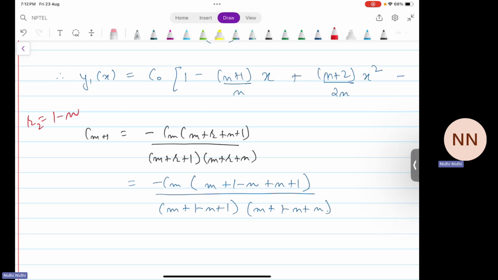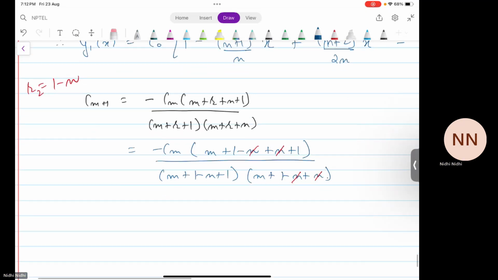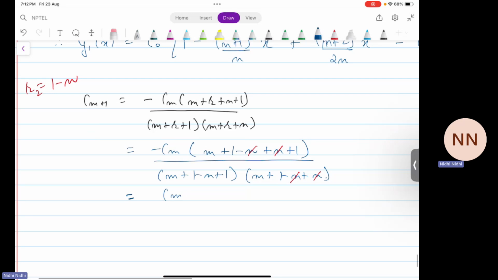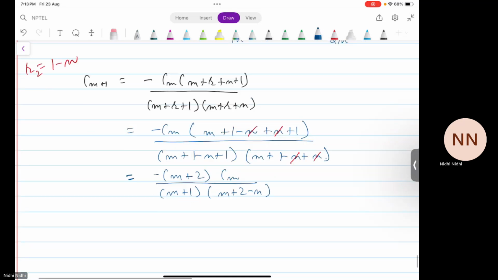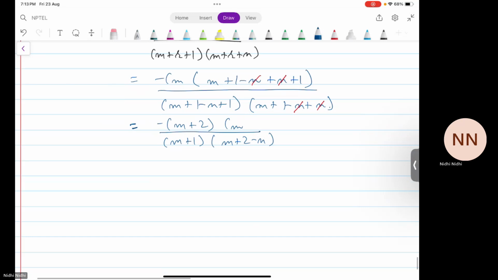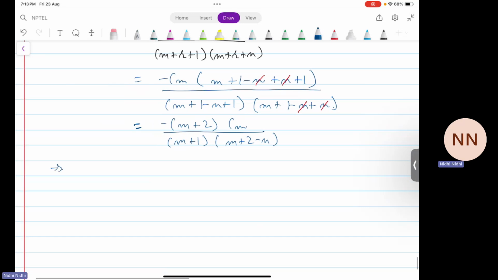So this n gets cancelled out here also. So we are left with minus Cm times m plus 2 by m plus 1 times m plus 2 minus n.